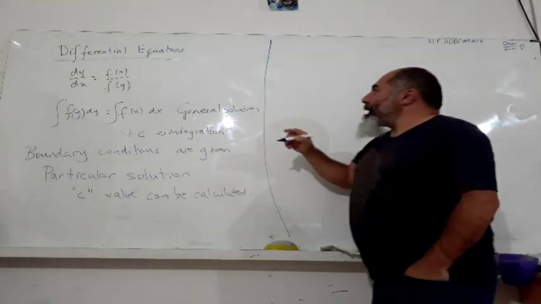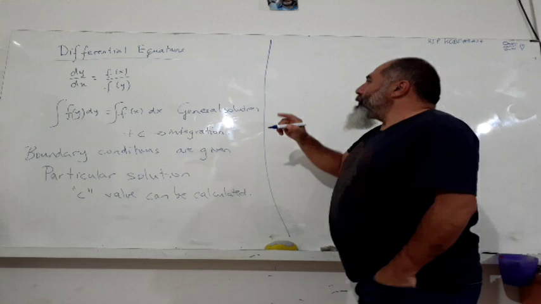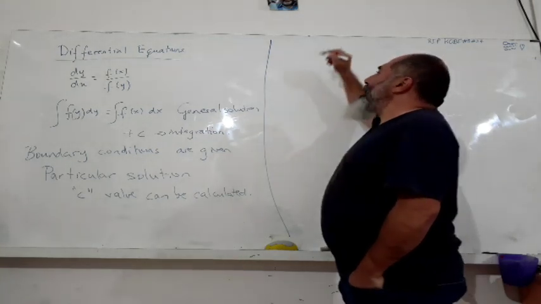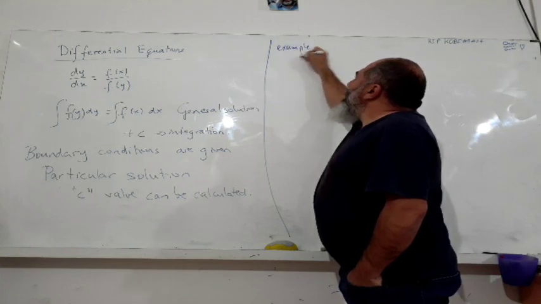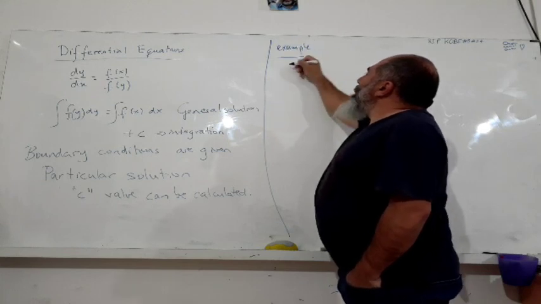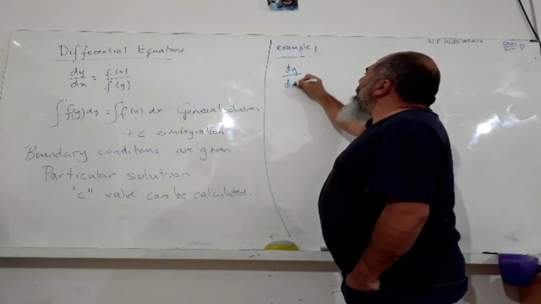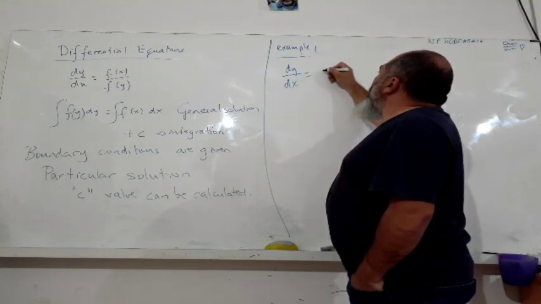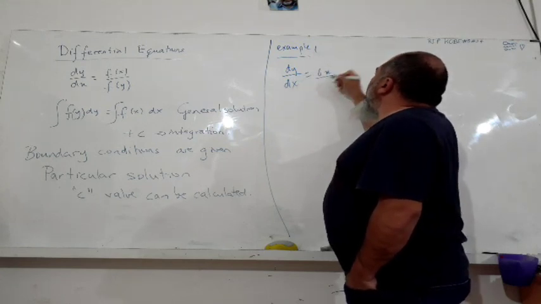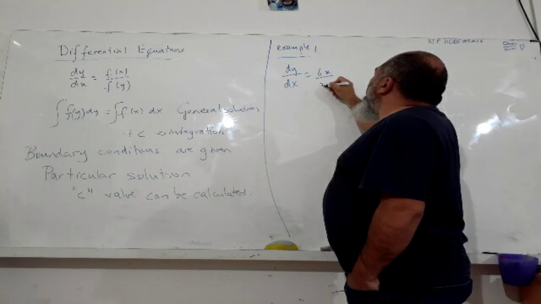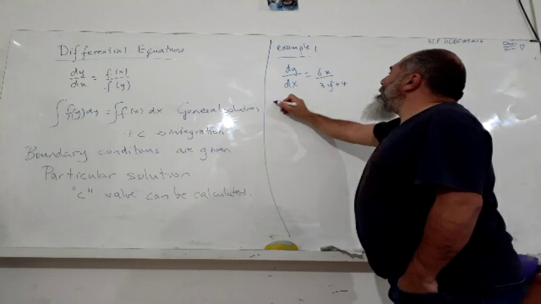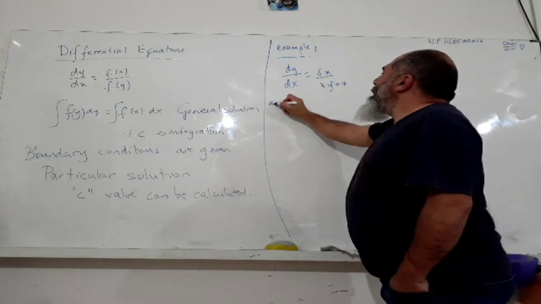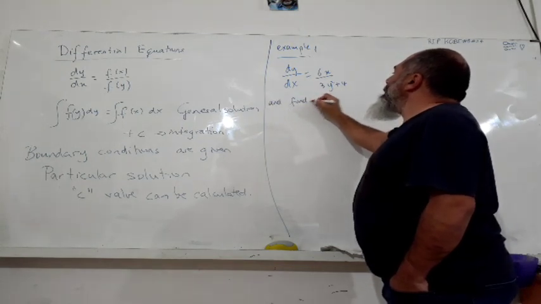Say that as example 1, dy over dx is equal to 6x over 3y squared plus 4, and the question is find y in terms of x.